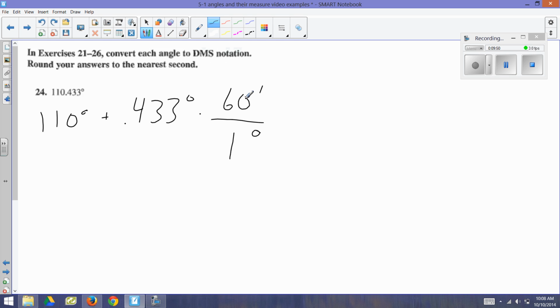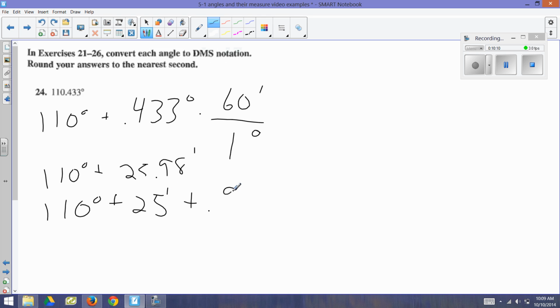So right now I'm at 110 degrees plus 25.98. Now I'm at minutes. So I'm going to convert, I also have 0.98 minutes. That's what I'm converting to seconds.